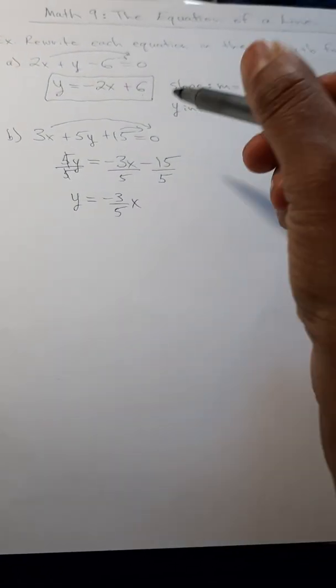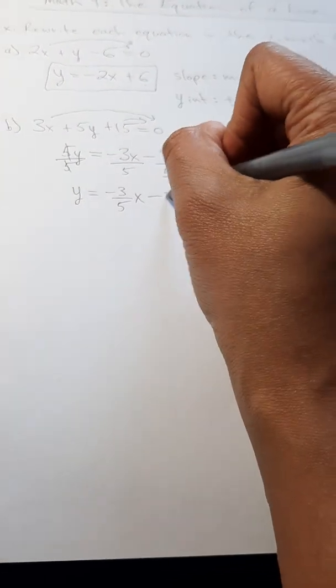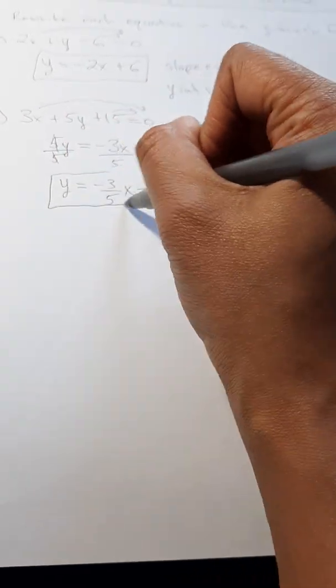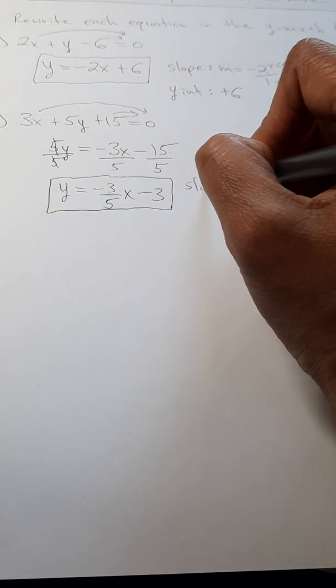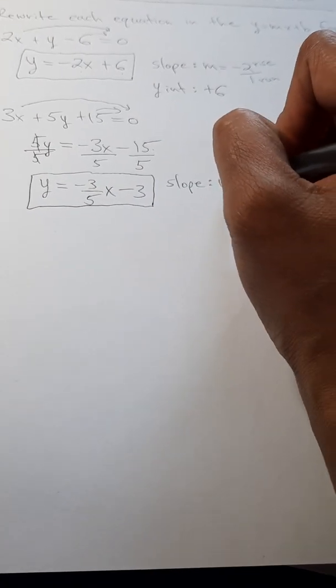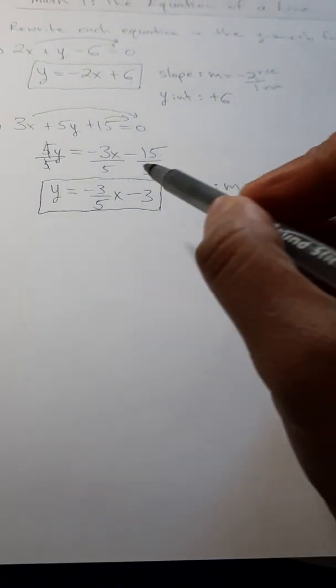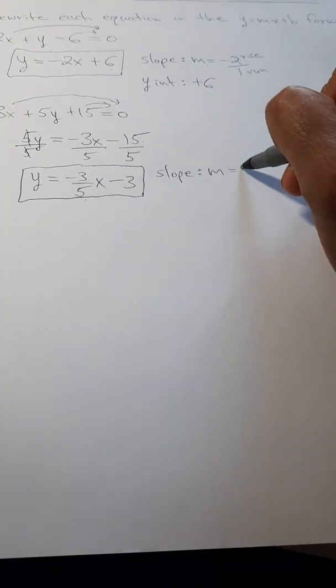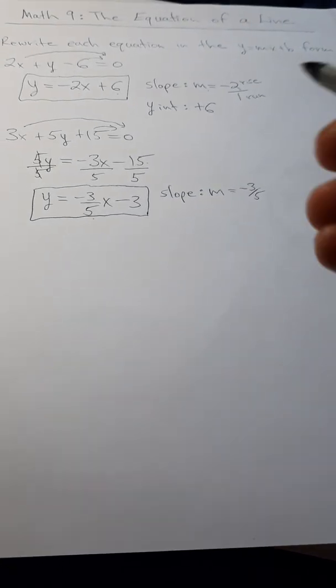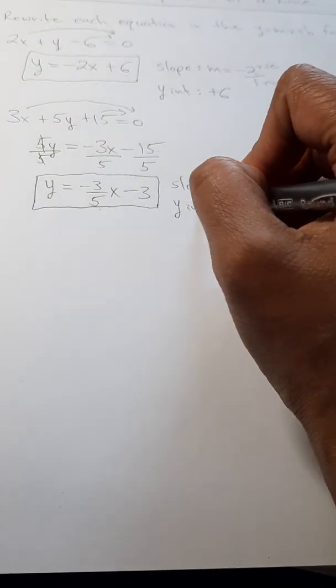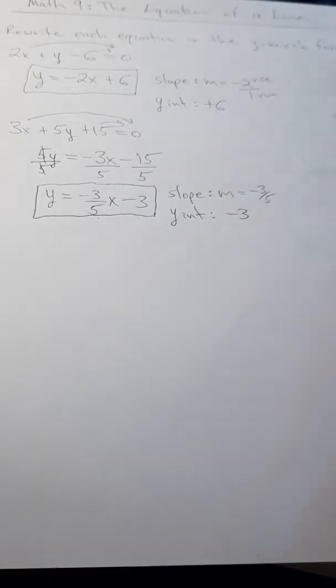However, I see here I can do negative 15 divided by 5, which is negative 3. So this is my answer here. Again, I always just indicate what the slope is. The slope in this case is in front of the x, so I have negative 3 over 5. And then the y-intercept, in this case, is equal to negative 3.